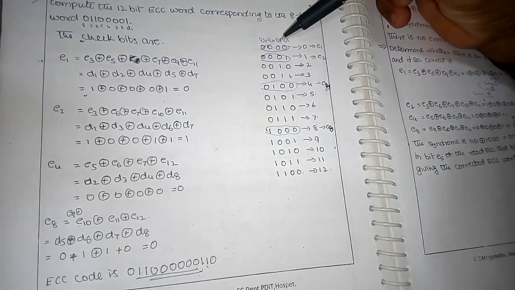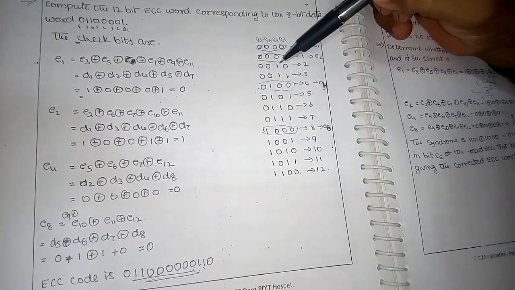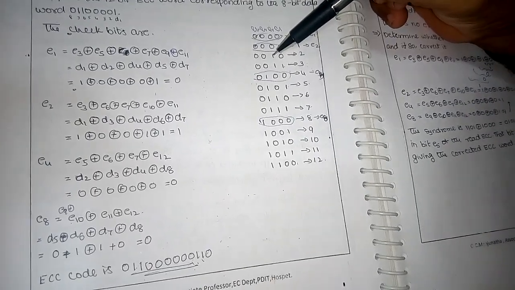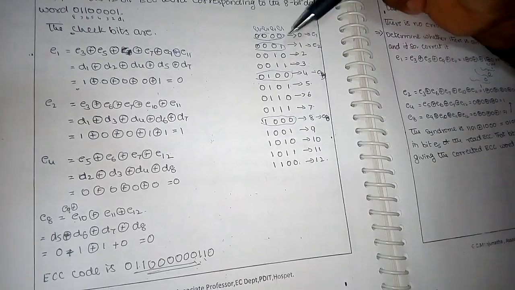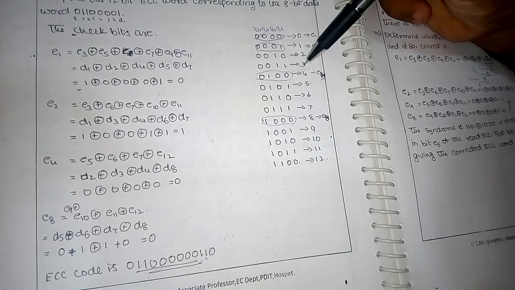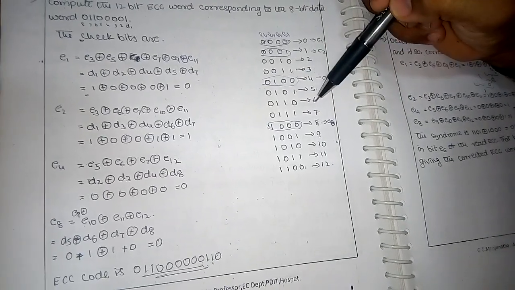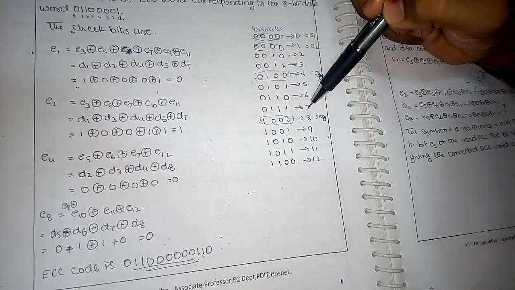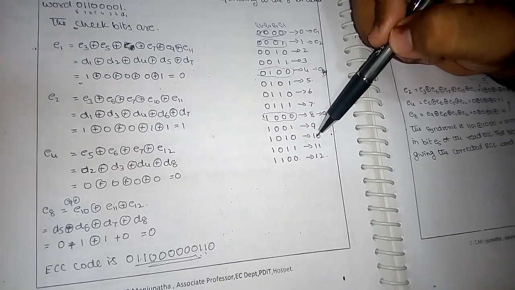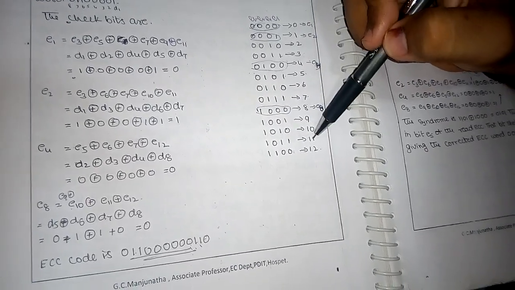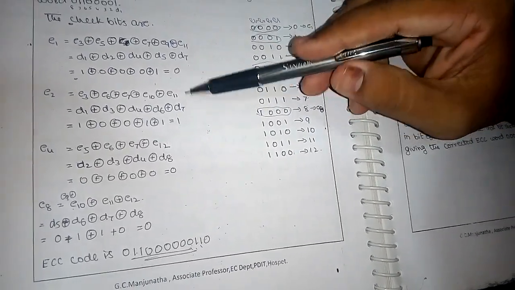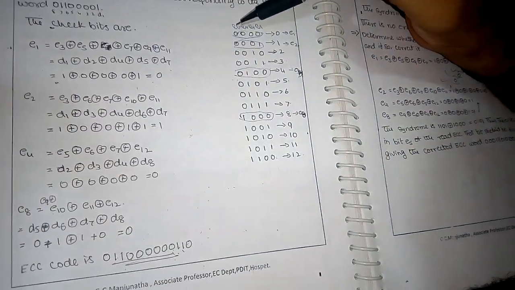Similarly for E2, the 1 is existing in E2, E3, E6, E7, E10 and E11. We have written this one. Similarly, we can write E3 and E4.